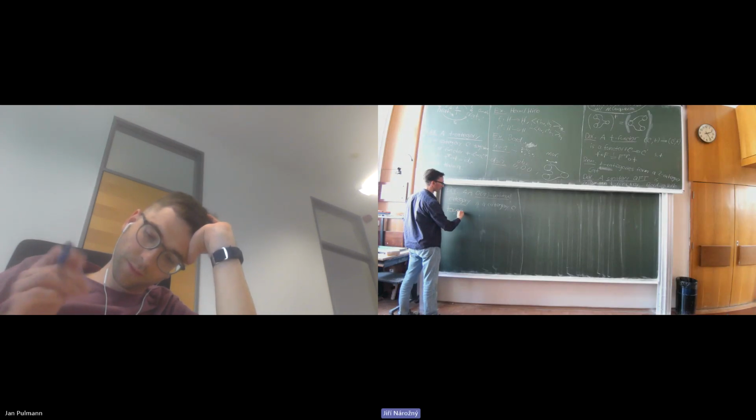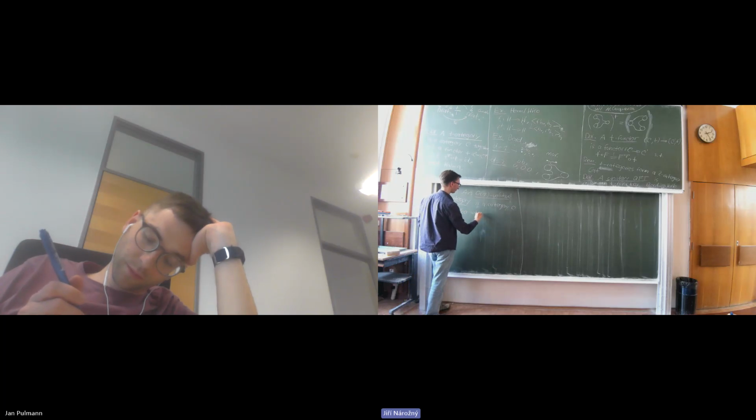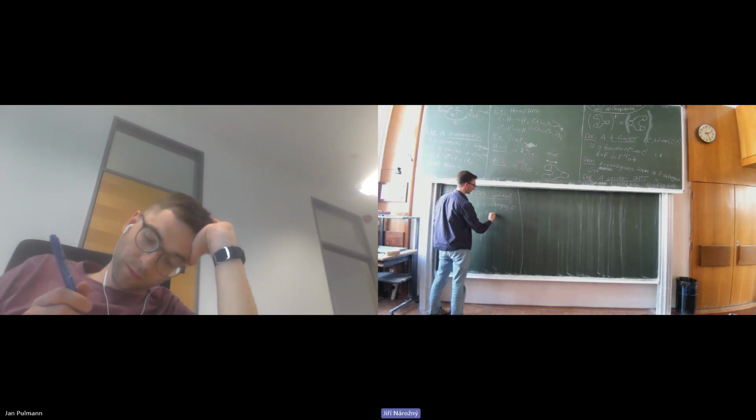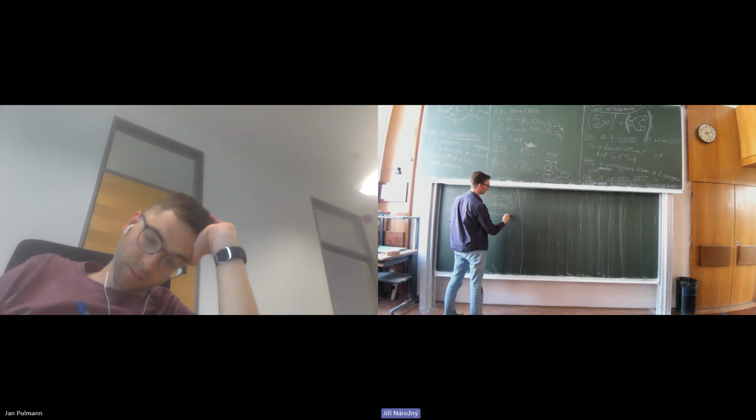So it starts out the same way as the dagger category starts out, together with a functor, let's call it D, from C to C.